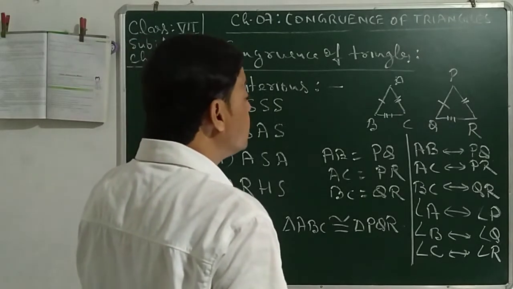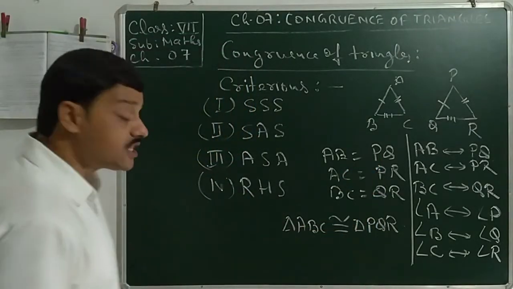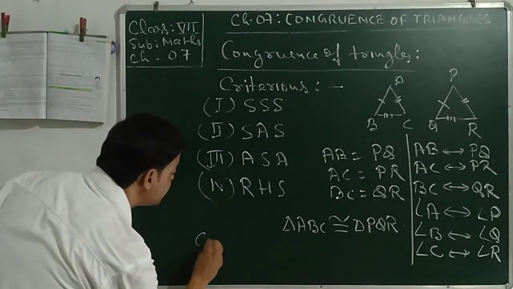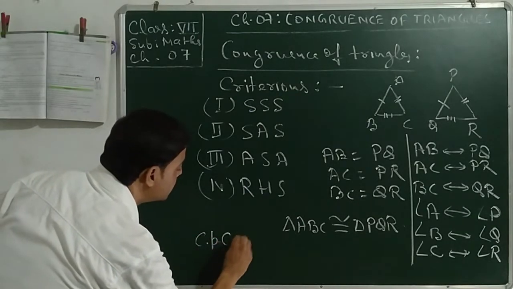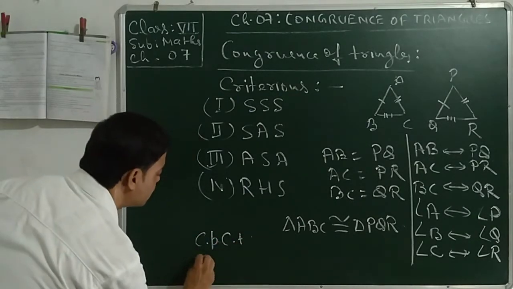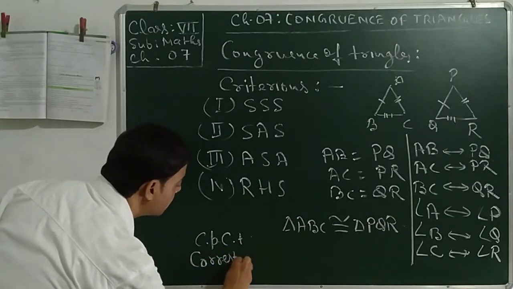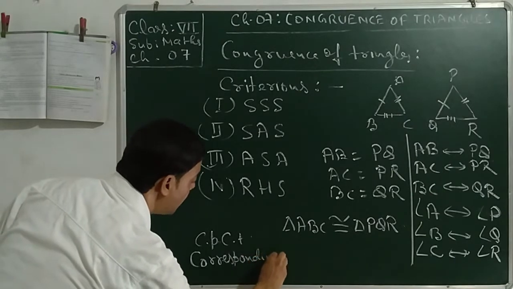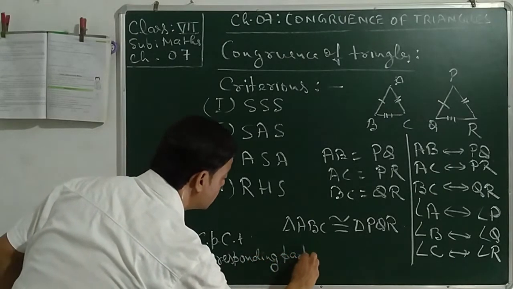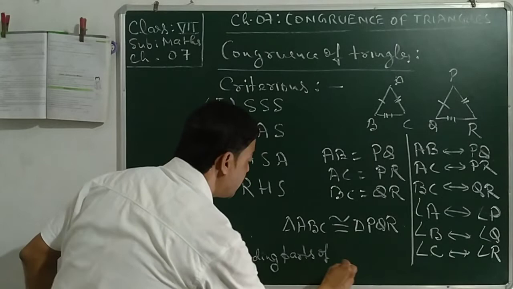So these are known as CPCT. CPCT, that is corresponding parts of congruent triangles.